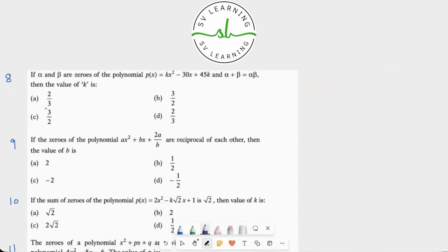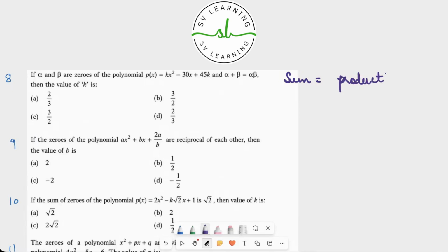Next. Now this question: alpha and beta are the zeros, and alpha plus beta is equal to alpha beta. So basically indirectly they are saying that the sum of the zeros is equal to the product, and we need to find the value of k.